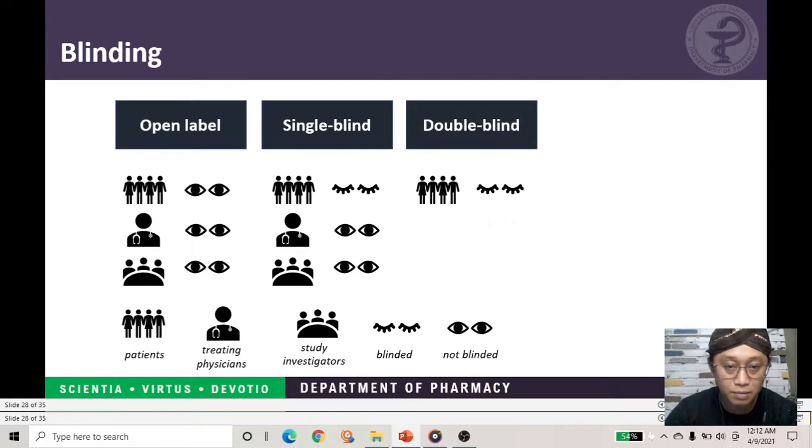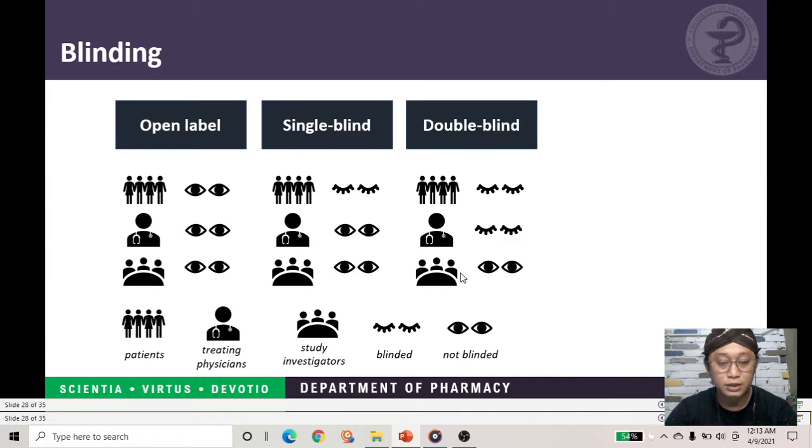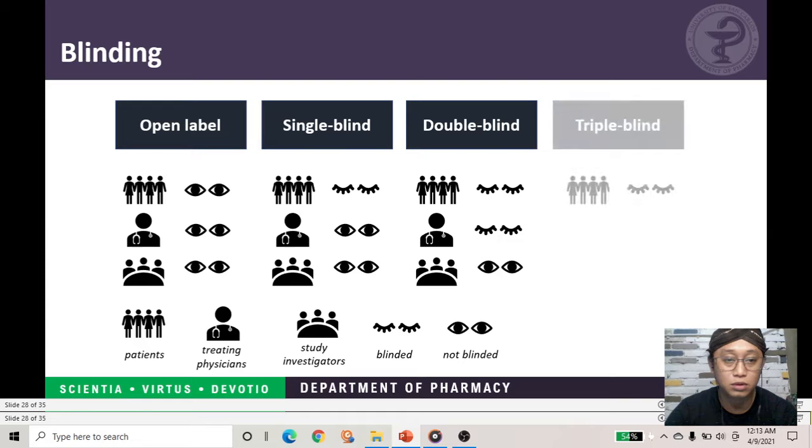In the double blind, the participants as well as the treating physicians do not know. Actually, it is not only the treating physicians but also the healthcare professionals that are involved in the study. So only the investigators know which of the participants are in the exposure or control group, or intervention or control group.